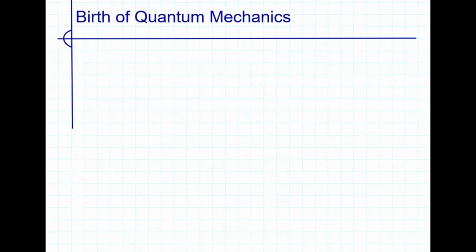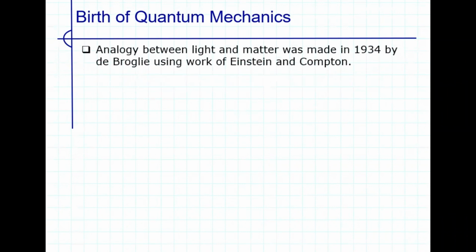So quantum mechanics was born after the establishment of the analogy between light and matter that was made in 1924 by de Broglie, in the footsteps of Einstein and Compton.